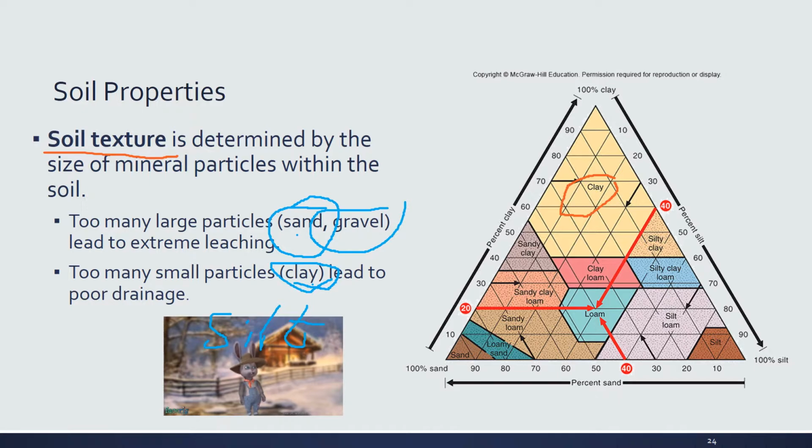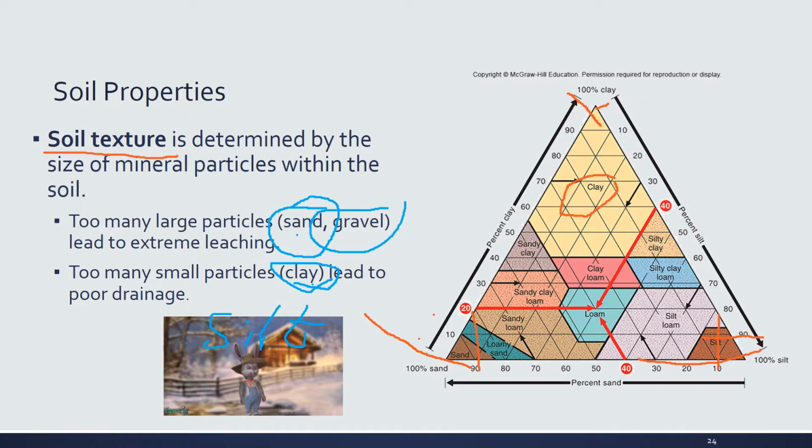And I know this chart looks a little weird, but this is basically saying that for clay, anything here is 100% clay. That means it goes down this way. Anything here is like 10% clay, right here. This means sand. So anything up here is 90% sand, 10% sand. Silt, again, 100, 90, 0.